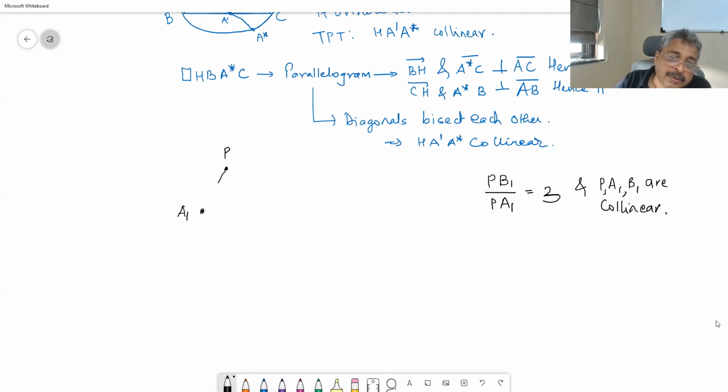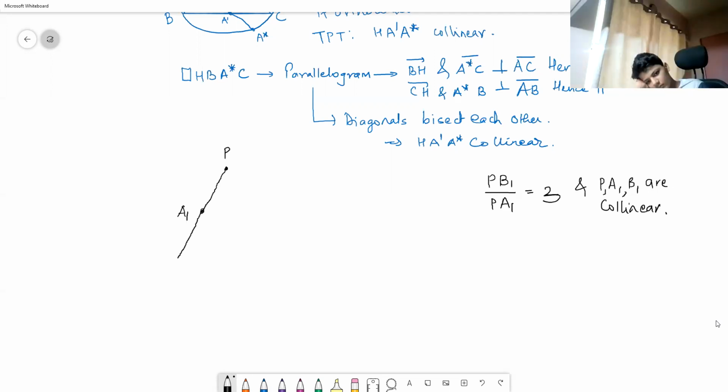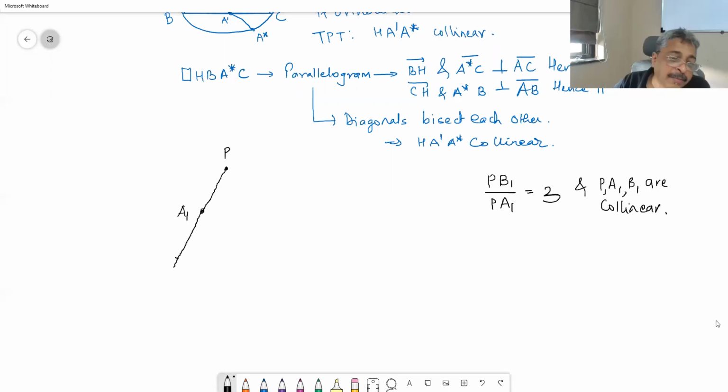Yes. You draw this line. This is PA1, the denominator, and you want B1, which is 3 times. This is going to be your B1. Understand?